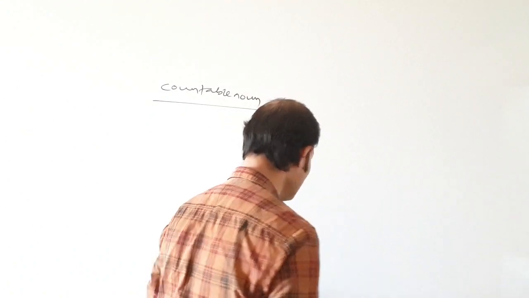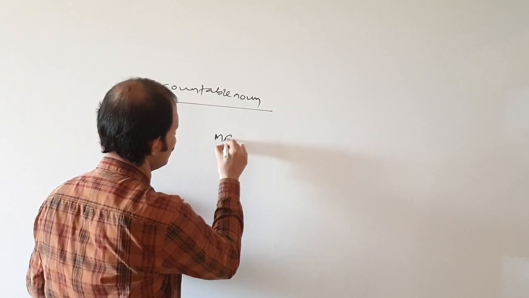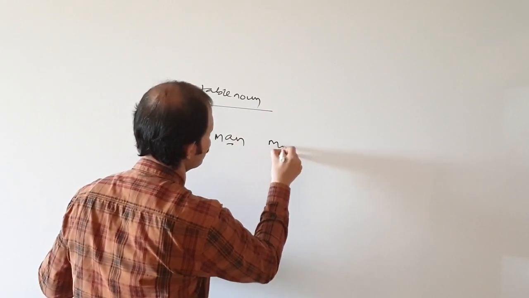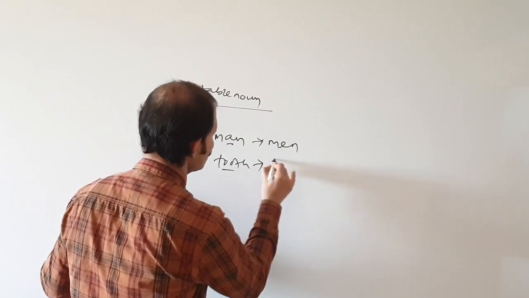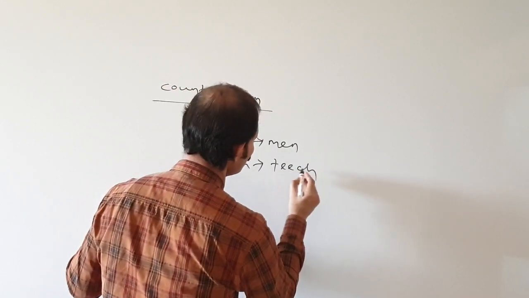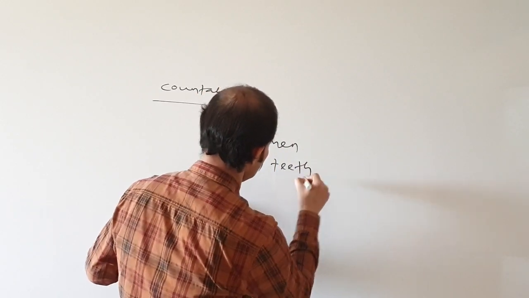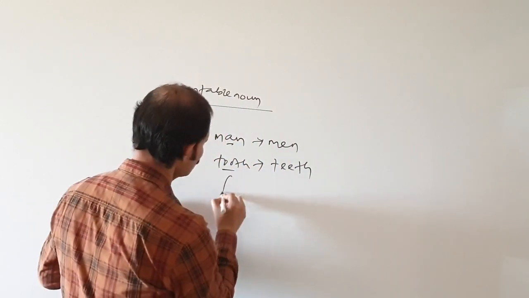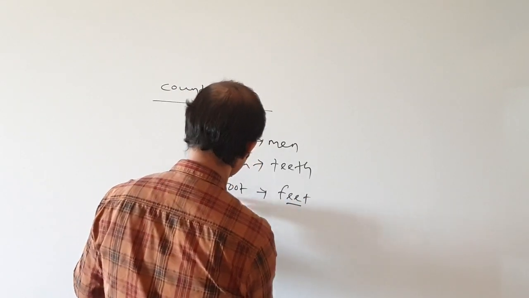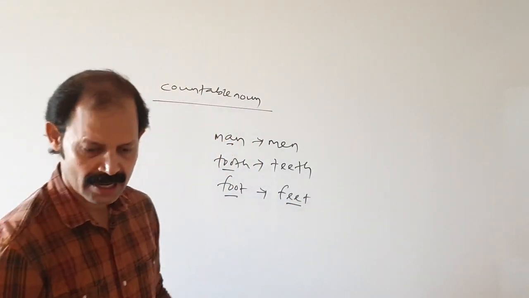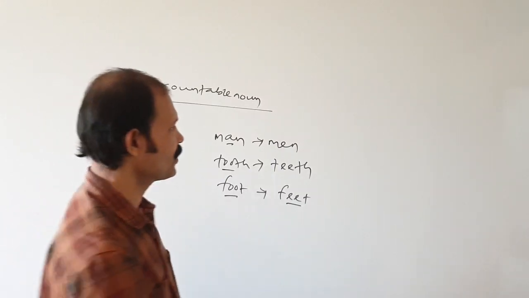By changing the vowel also we can get the plural. For example, suppose man, then by changing a we get men. Suppose tooth, this one is singular, by changing OO to EE we also get the plural. Suppose foot, then by changing OO to EE, by changing the vowels we get the plural. Sometimes by changing both vowel and consonant we get the plural. How?